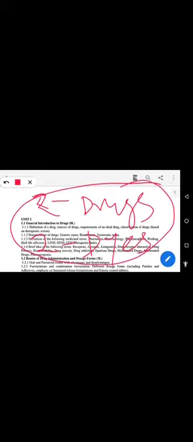Unit three covers the introduction to dyestuff chemistry and classification based on applications. The fourth unit covers color and chemical constitution of dyes. So 2 units are from the drugs and 2 from the dyes. These are the 4 units.